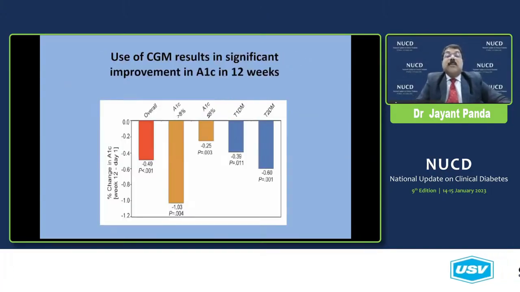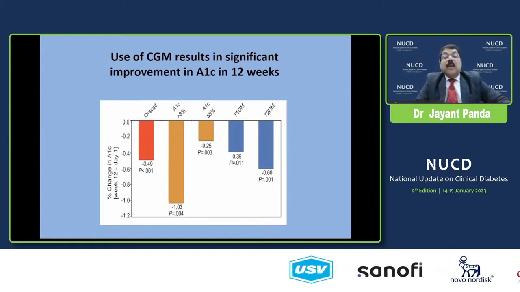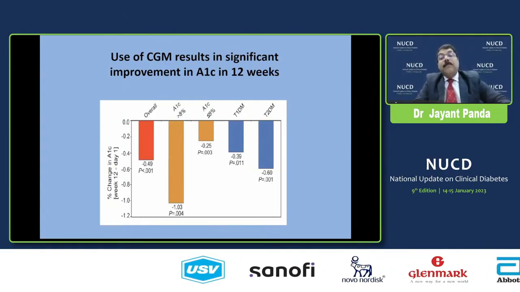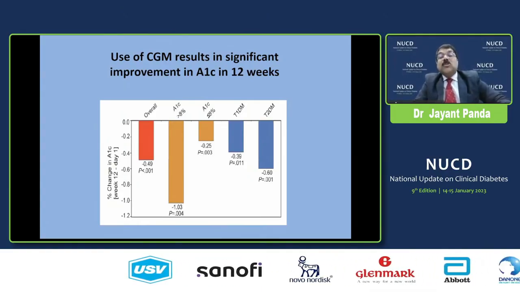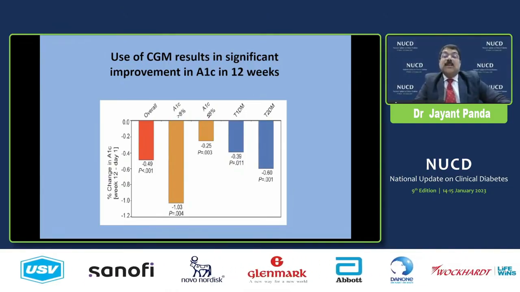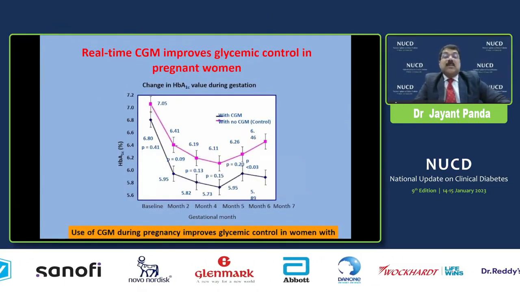And the use of CGM results in significant improvement of control. If you say A1C, in type 1 and type 2 diabetes, the CGM based approach has much better control in monitoring than an SMBG based or A1C based control.